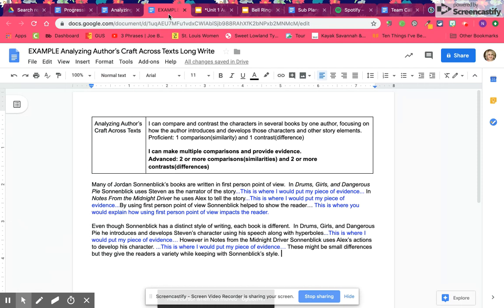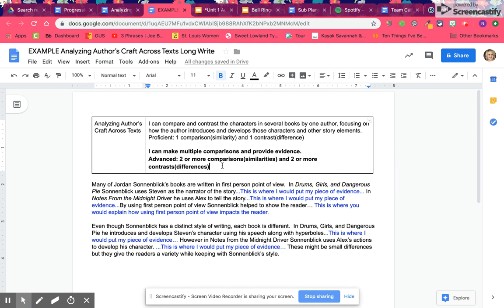We talked about it in class: for proficient, it's one comparison and one contrast, so one similarity and one difference. For advanced, it's two or more comparisons, similarities, and two or more contrasts, which are differences.